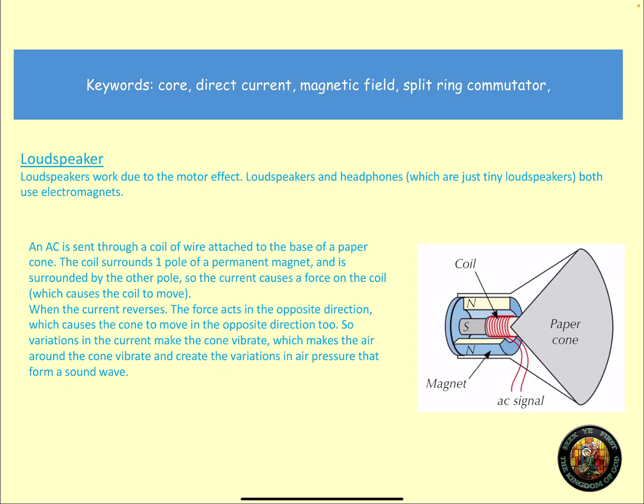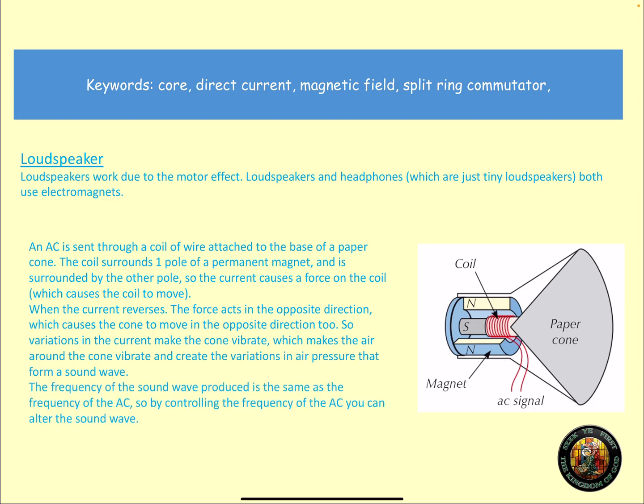If the cone vibrates, this makes the air around the cone vibrate and creates a variation in air pressure that forms a sound wave. The frequency of the sound wave produced is the same as the frequency of the alternating current. So by controlling the frequency of the alternating current, you can alter the sound wave.